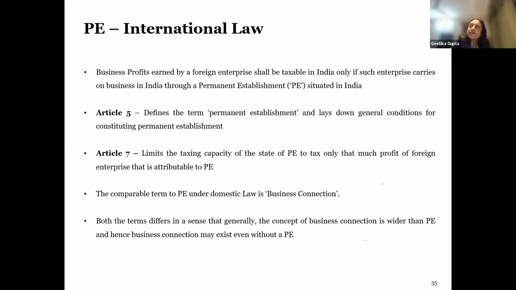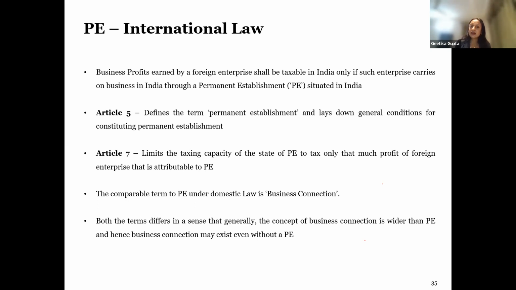Let's say there is a foreign company and it supplies some hardware or some equipment to the Indian company. The question arises whether the supply of the equipment by a non-resident to the Indian resident is taxable. The first answer which comes is no. Even under the domestic tax law, this should not be taxable because the title of the goods is getting transferred outside India.